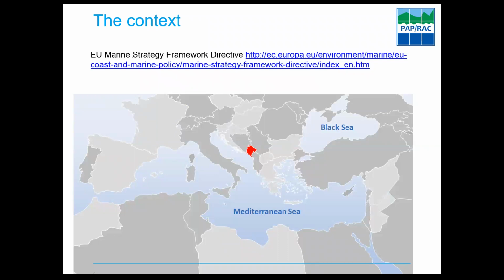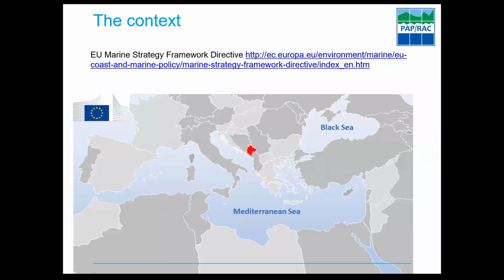Here is the link for those who would like to know a little bit more about it. It's a joint effort of European countries towards establishing a good environmental status of the European marine areas. I mentioned that I work for the center which operates in the whole Mediterranean. This EU document is only applicable for the northern part of the Mediterranean, for the EU countries.